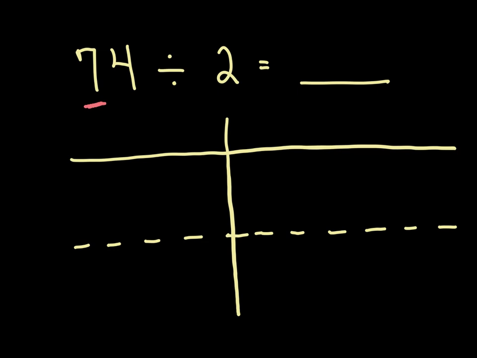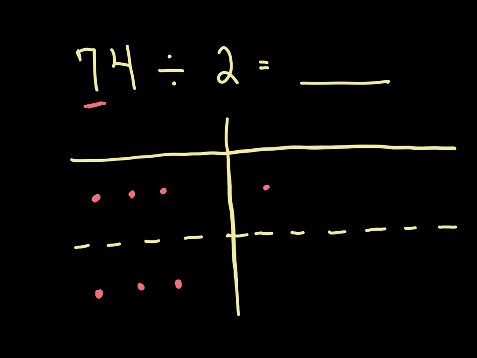So we have 1, 2, 3, 4, 5, 6. That would give us 60. But we have that leftover 10 that we need to split up into extra groups. So I'm going to take that extra 10 and put it down into the ones. So here we go.